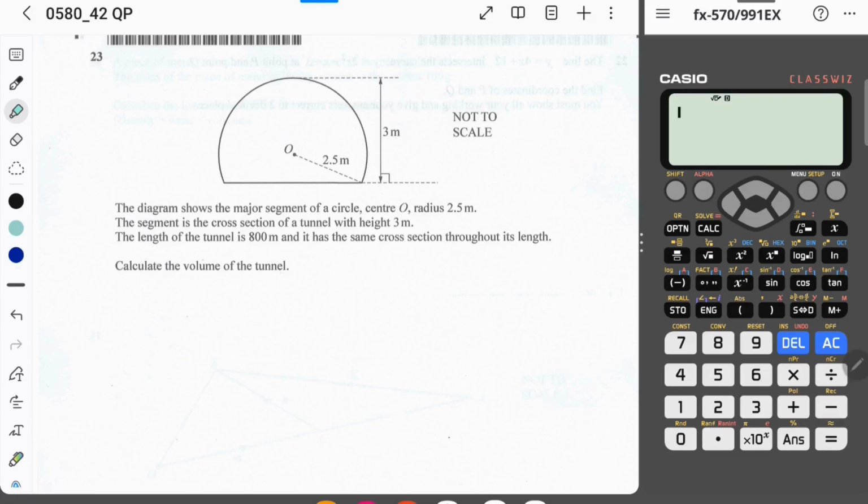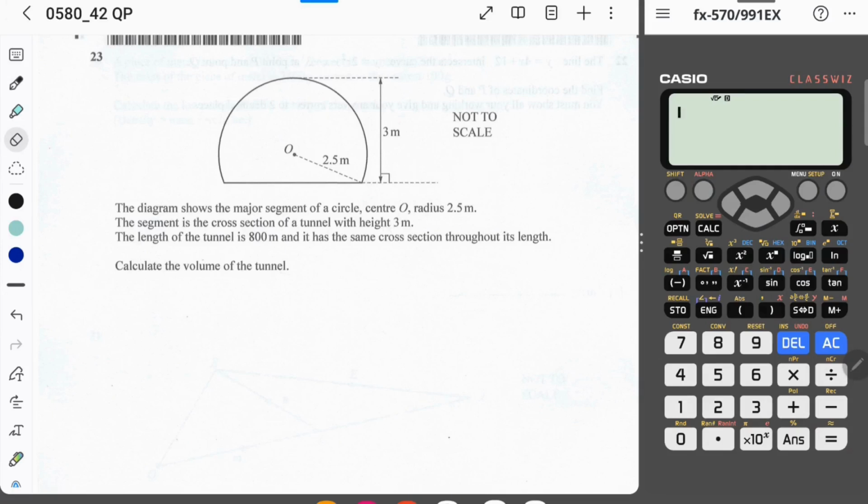It has the same cross section throughout its length, so in this question 800 will be taken as the height. Calculate the volume of the tunnel. So it's just a cross section, and 800 will be the height of this shape.